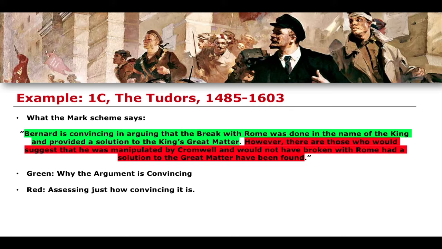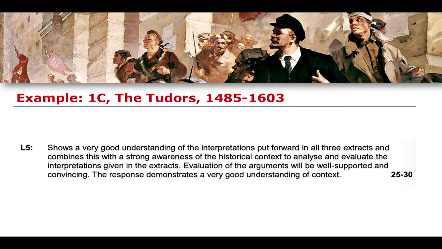So instead of just saying it was convincing because of this and that, but not convincing because of this and that, you say it's convincing, but then you argue why it maybe lacks context, or maybe points are left out, or maybe it is oversimplistic, or even argue that there are some other historians who would say this and others who would say that. Those are the ways in which you can assess how convincing an argument is. This is what the generic mark scheme says for these questions.